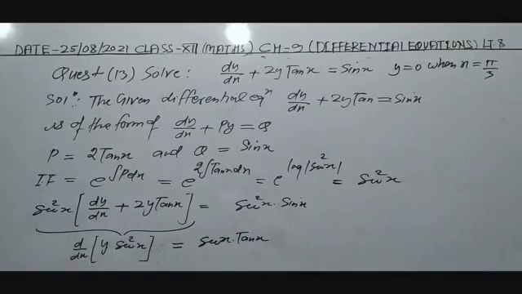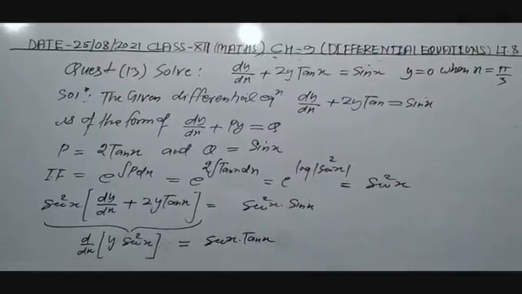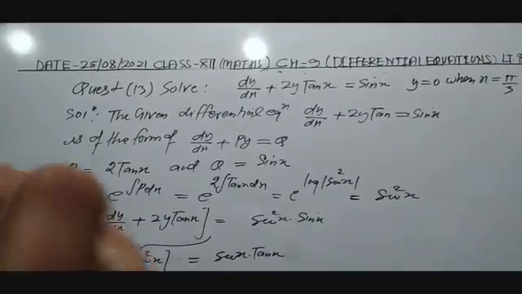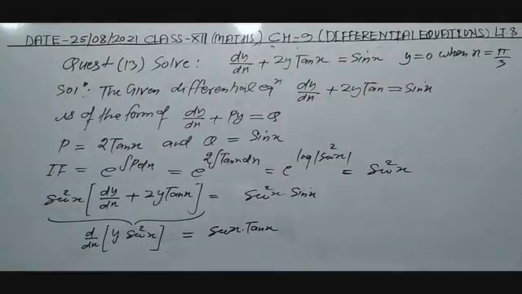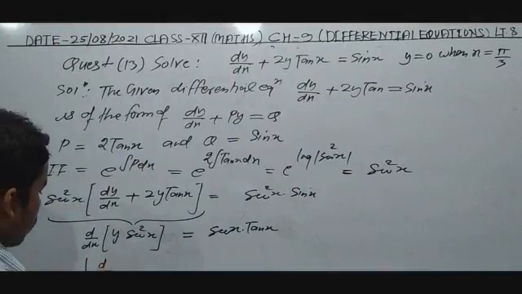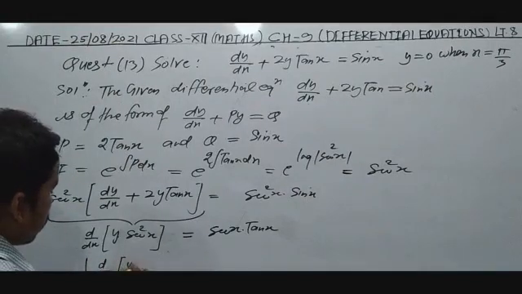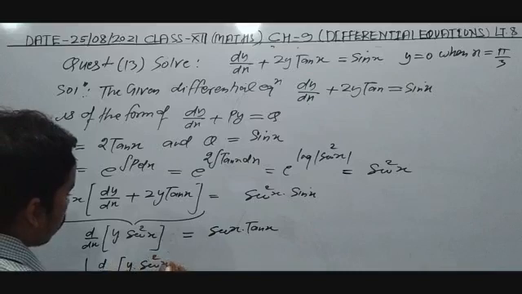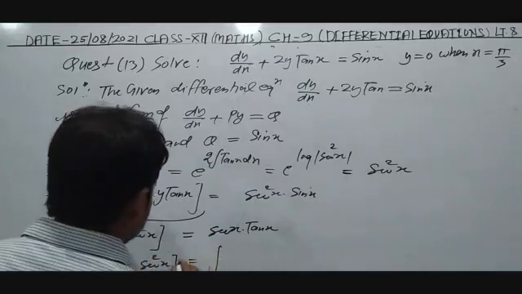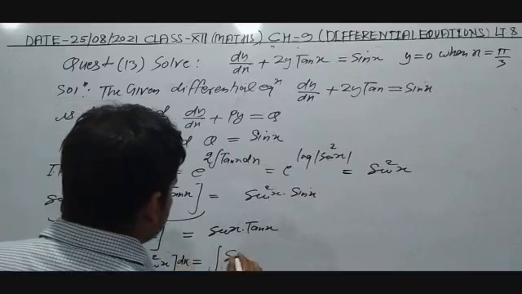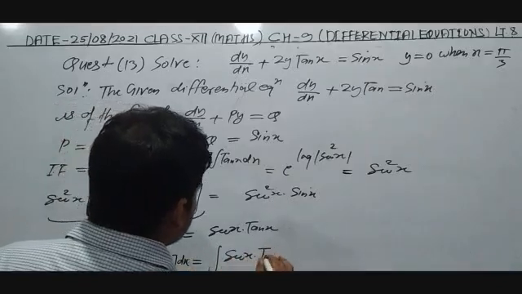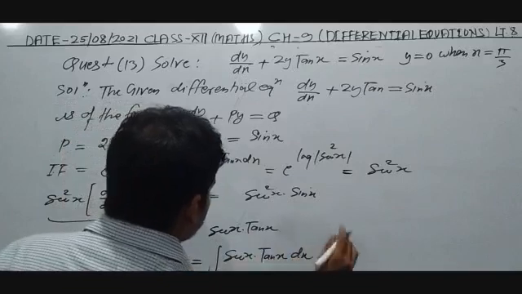Now we have to operate the integration sign on both sides. So the result will be the integration of d/dx of y times sec²x dx is equal to the integration of sec x times tan x dx.